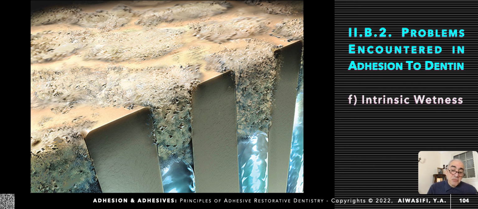But how could I manage this loose superficial layer of dentin? I couldn't adhere to an already loose structure. In the upcoming episodes, we will discuss in detail how to solve these problems encountered in adhesion to dentin.